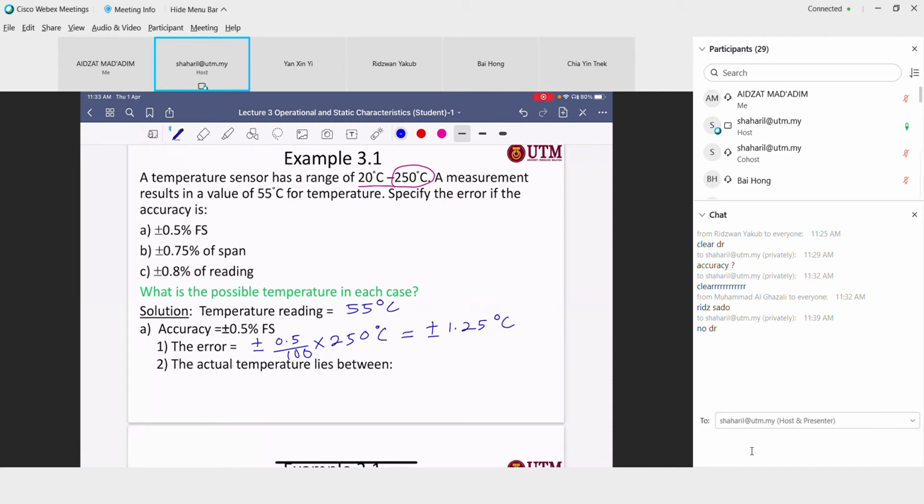So if you measured 55 degree, your actual temperature should be around 56.25 degree and 53.75 degree.